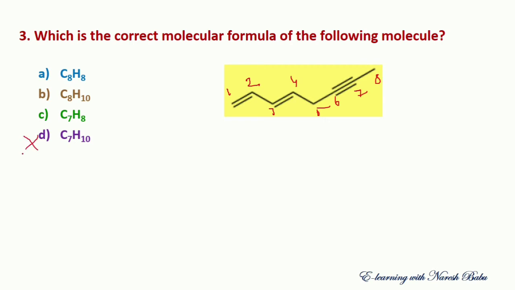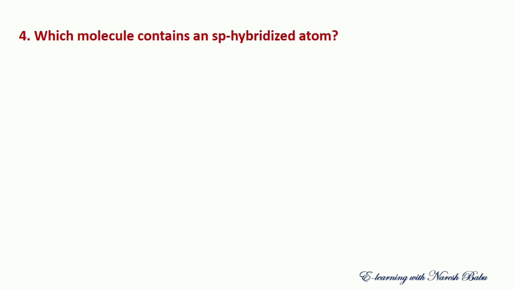So these two options are wrong. Then we should count the hydrogen atoms. Here 3 hydrogen atoms for CH3, no hydrogen, no hydrogen, and 2 hydrogens here, 5 total, 6, 7 and 8, and 2 hydrogens, total 10. So the correct answer is C8H10, the molecular formula of this structure.